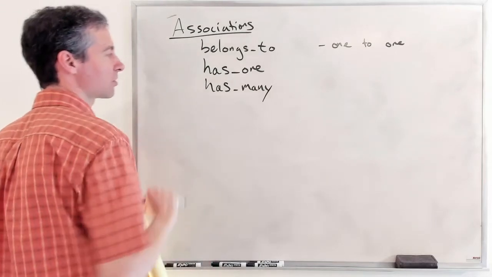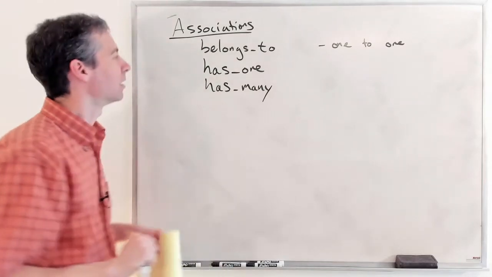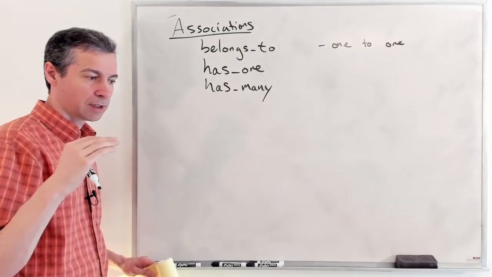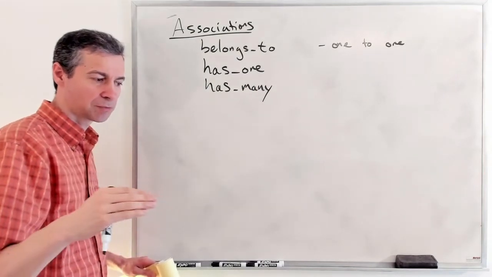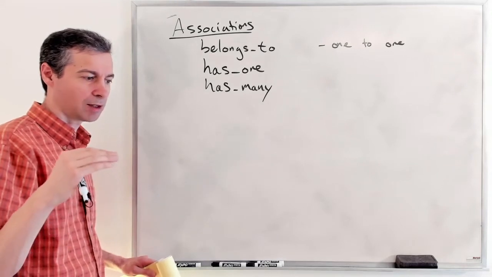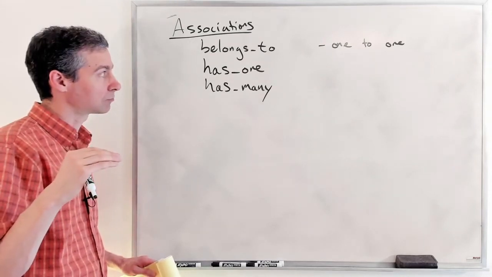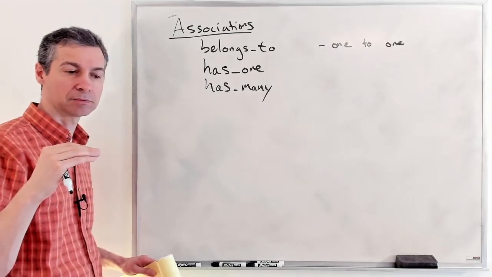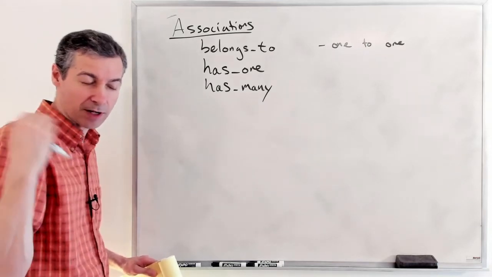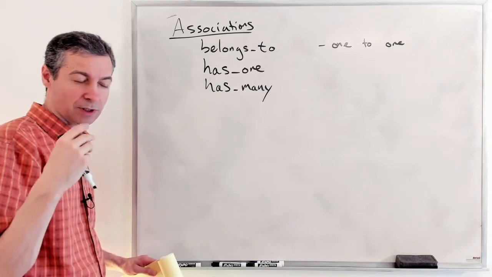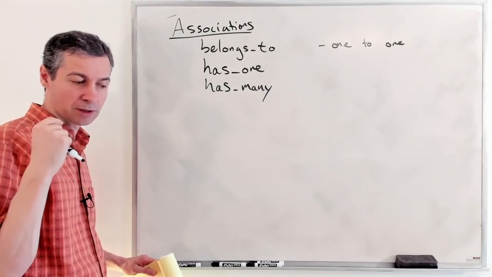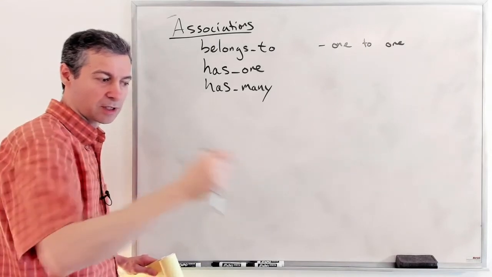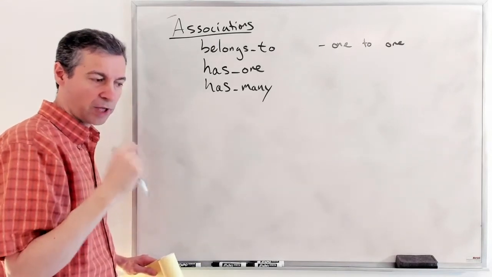So this is quite sensible. The has many. All right. This basically quite clearly means that from the entity going to the other entity, you will have many of the others.